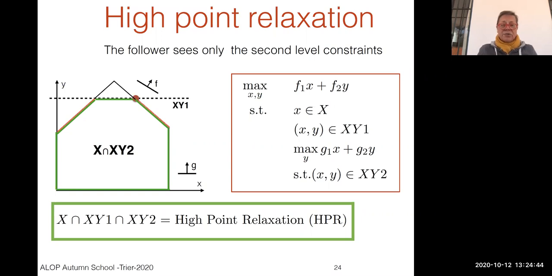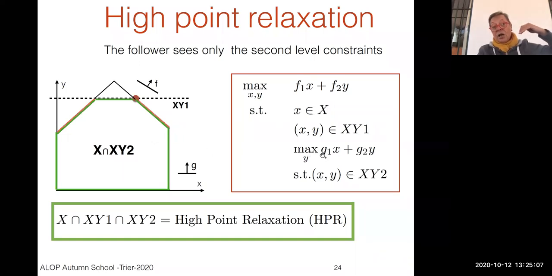And it is clear, of course, that an optimal solution of the problem must belong to this high point relaxation. And in fact, it must also be a vertex of it. You see here, when you think about the fact that you must be in the high point relaxation and be feasible.